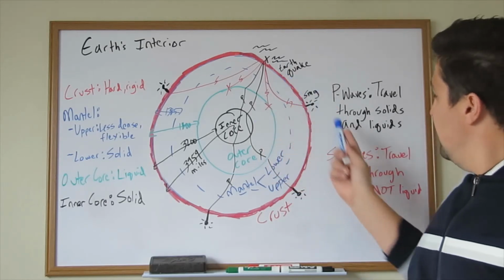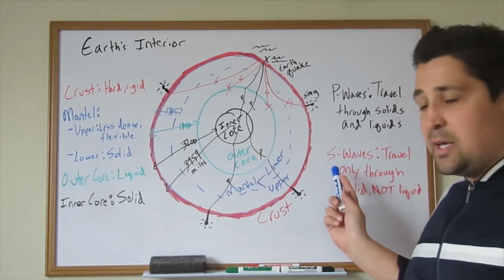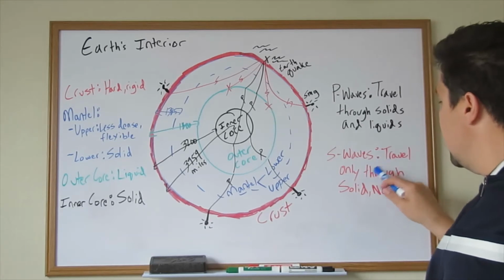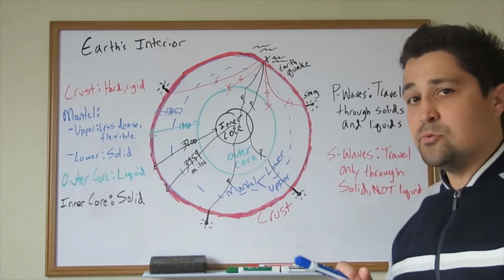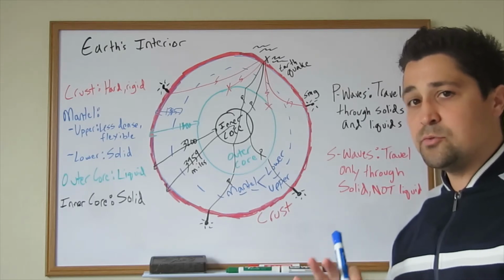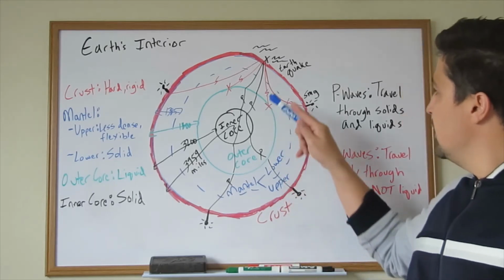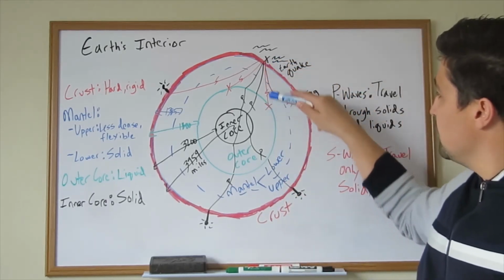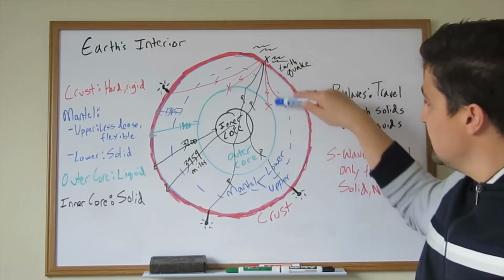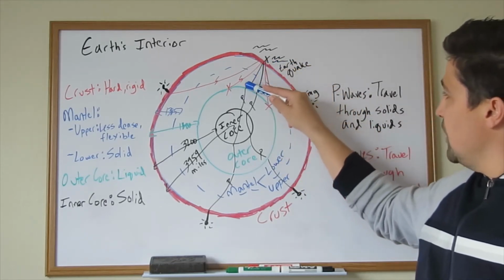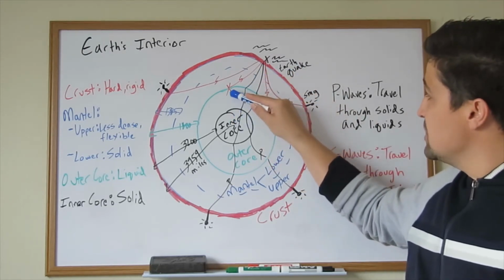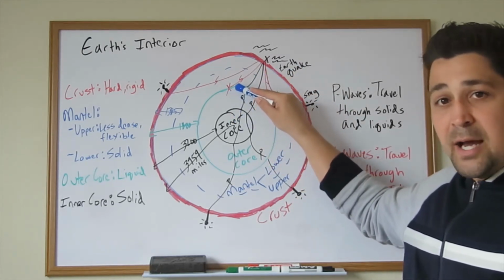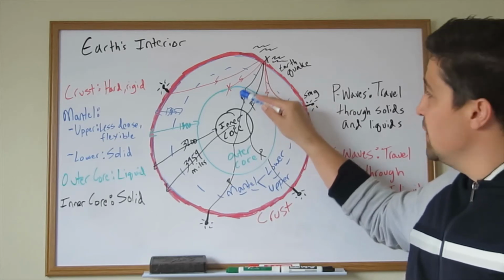And S waves, however, in red, do not travel through liquids. They only travel through solids. S waves only travel through solids, not liquids. Therefore, an S wave would travel through the solid, even the mantle, but it would be stopped by the outer core, which is completely liquid.